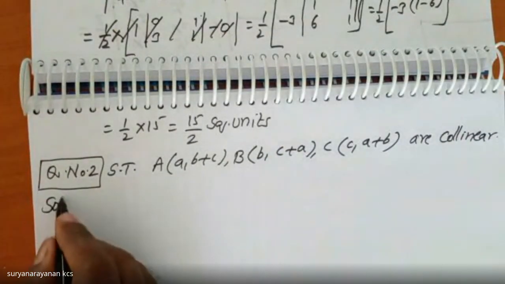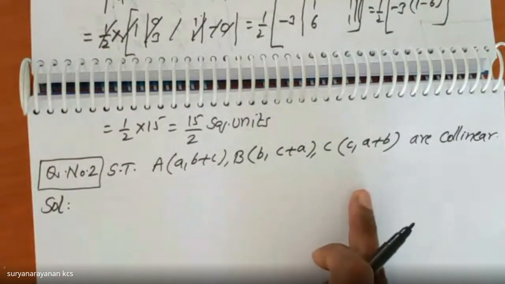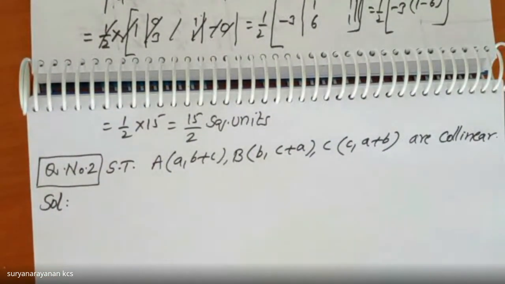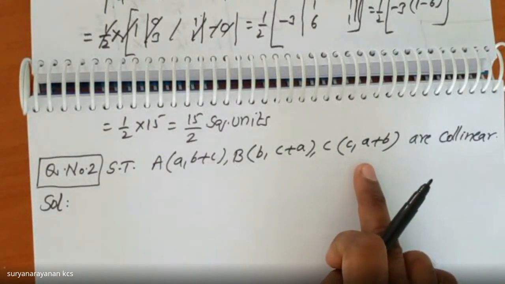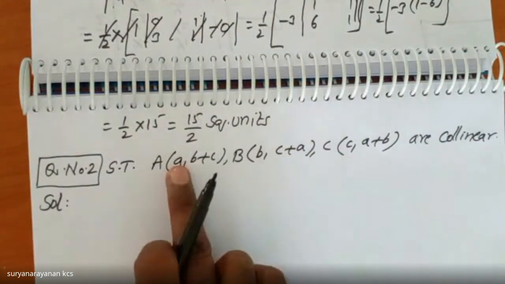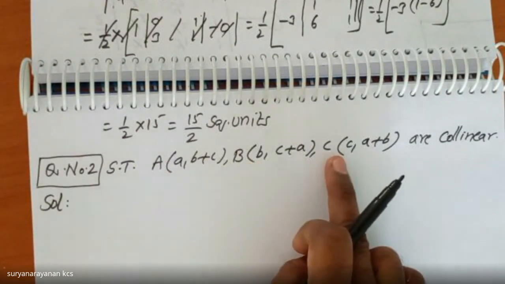We have to show that these 3 points are collinear. To show the 3 points are collinear, we have to show that the area of the triangle formed by these 3 points is 0.